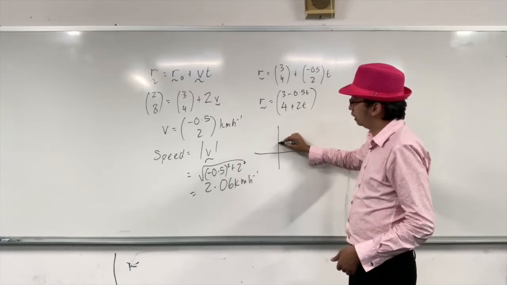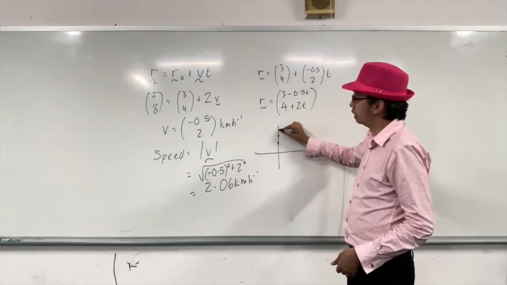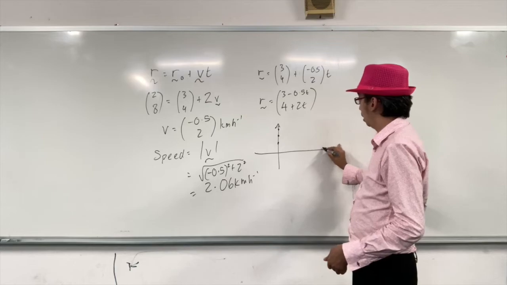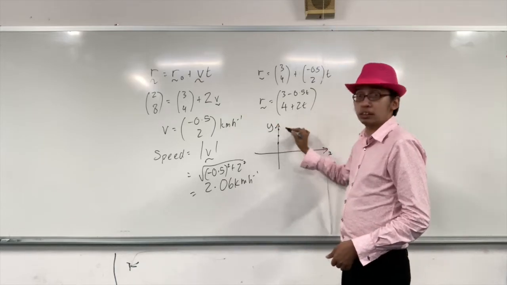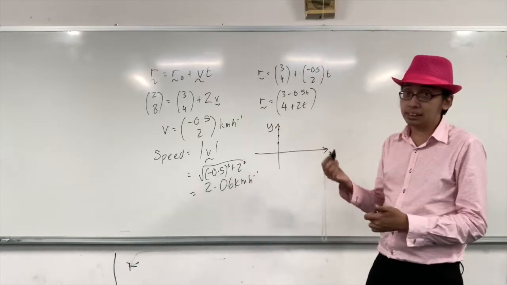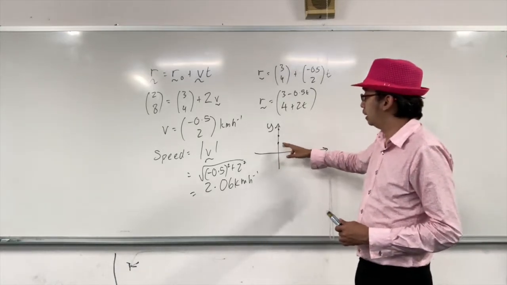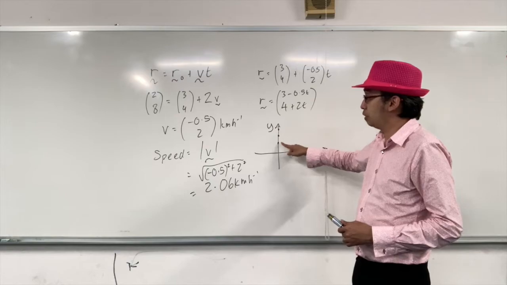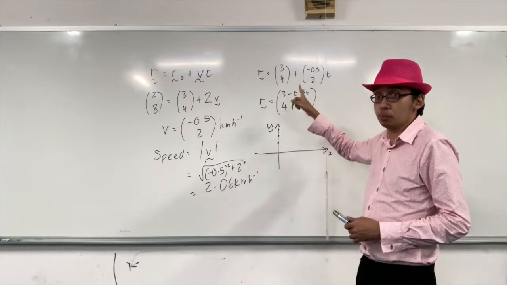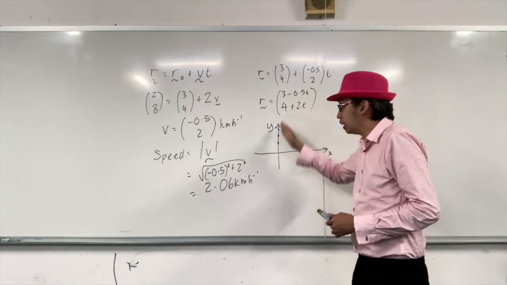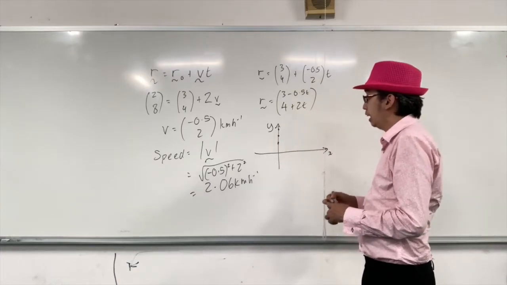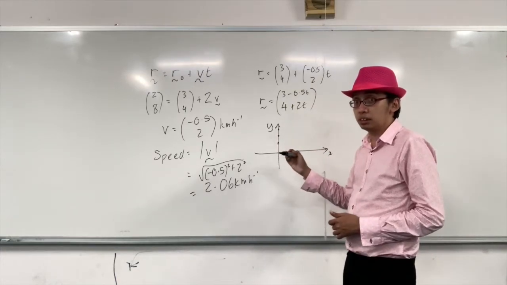North is the y-axis, and x is the east. So the boat can be here, or anywhere on top, anywhere on the y-axis, where the x must always be 0.